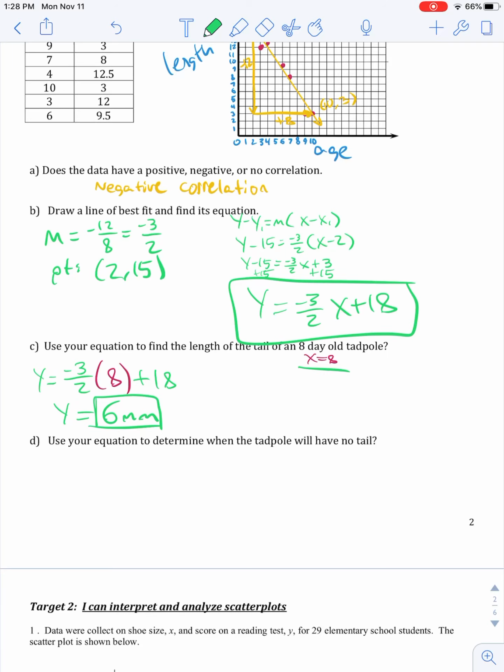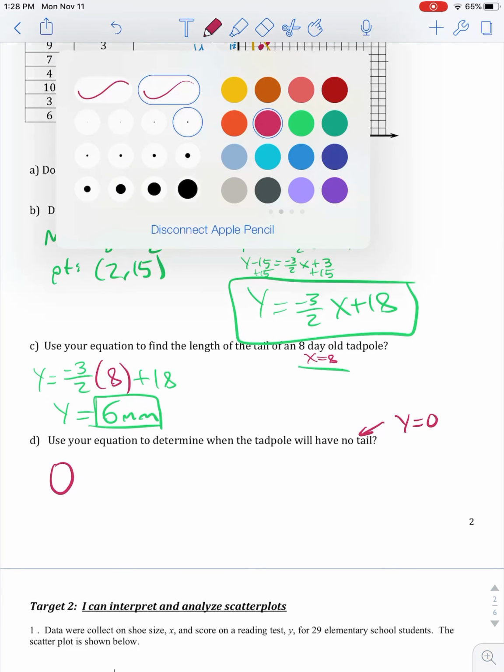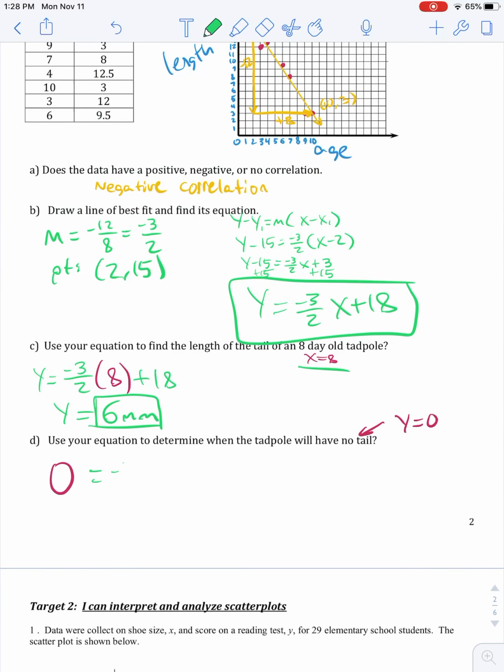Then they ask us to determine when the tadpole would have no tail. Well, that is telling us the tail length is 0, so when y equals 0. We have this equation up here, and we're going to plug 0 in for y. 0 equals negative 3 halves x plus 18. I'll subtract 18 from both sides. We'll get negative 18 equals negative 3 halves x.